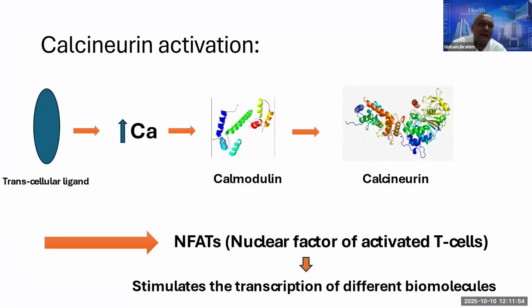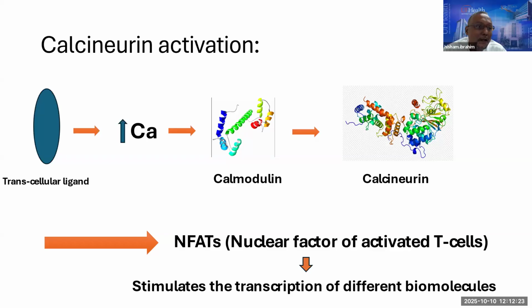So this is how calcineurin activation operates. Usually there's a transmembrane ligand receptor present in the cell membrane, and something attaches to the ligand and stimulates the whole cascade. For example, in lymphocytes, we have the T cell receptor meeting the MHC receptor on the antigen presenting cell, and you need your signal 2 as well.